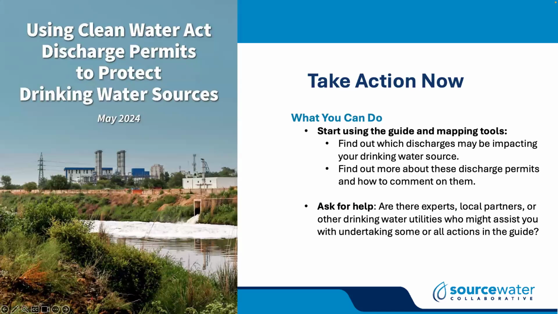And these are just some things that we put together for what you can do if you haven't done them already: start using the guide and mapping tools. Find out the information that you heard about from our presenters today, how some contaminants might be impacting your drinking water sources, where to get the information on the permits and how to comment on them. Ask for help. Are there experts, local partners, or other drinking water utilities like the two we've heard from today that might be able to assist you?